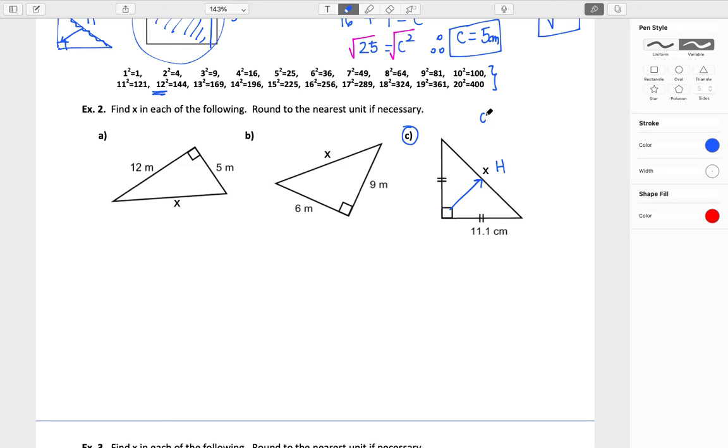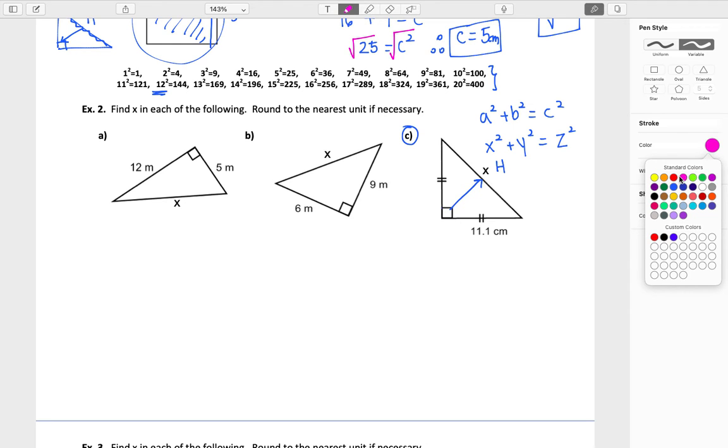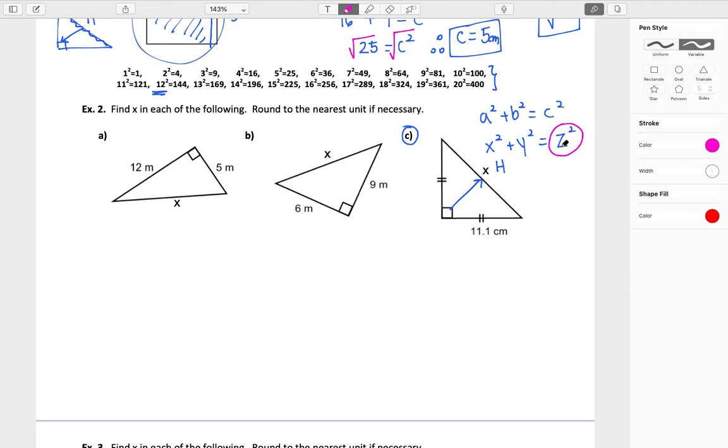Now we know that we set up the equation as A squared plus B squared equals C squared. I could set it up as X squared plus Y squared equals Z squared. What does that mean? It means that Z must be the hypotenuse. From time to time, I will be using different letters, so it's not always going to be A, B, and C.